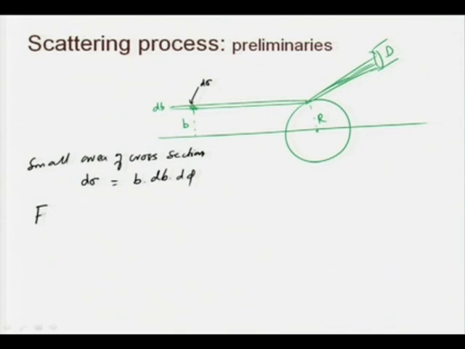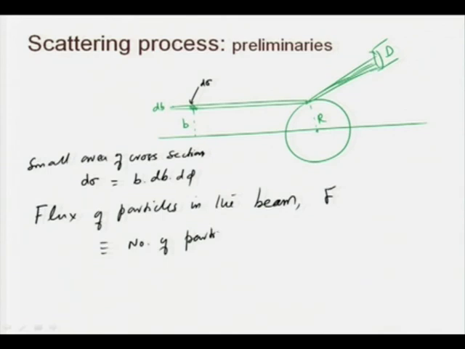Now, let us say you have a beam. The flux of particles or the beads in the beam, let me denote it by F. Basically, that is defined as the number of particles passing per unit cross sectional area, perpendicular to the direction of the beam, in unit time.